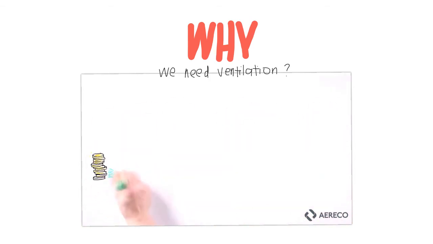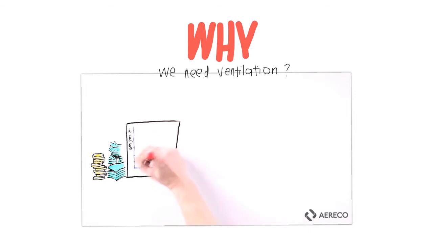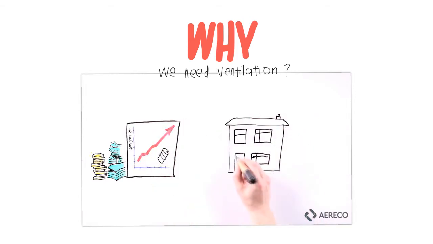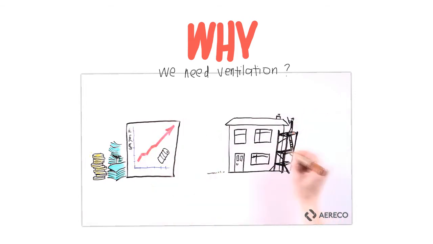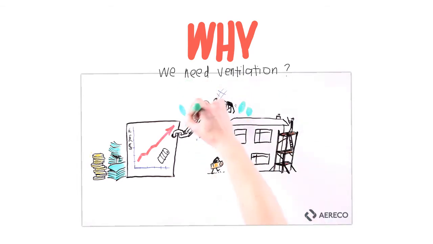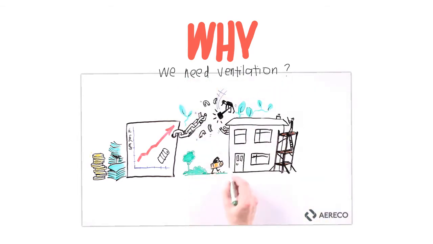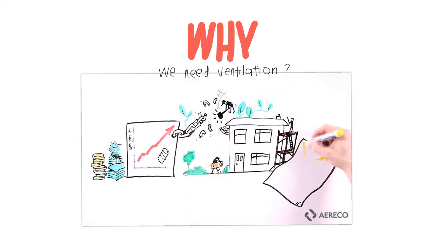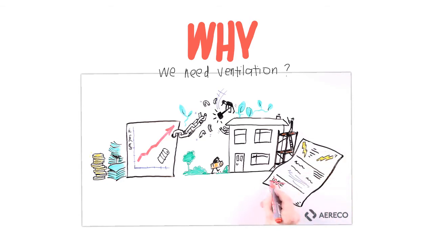Let's explain. While we can't control the cost of fuel, we can control how much energy our buildings need. And the less energy our buildings need, the more people we lift out of fuel poverty, improve society and the environment. This common sense energy approach is what fundamentally drives increasing standards in new housing and national programs for improving our housing stock.